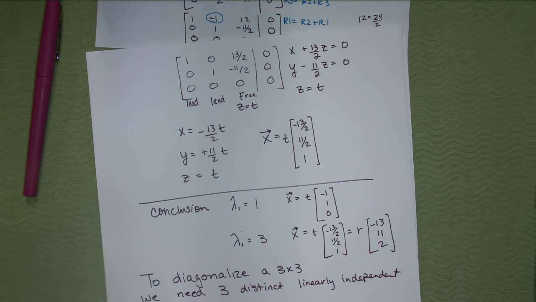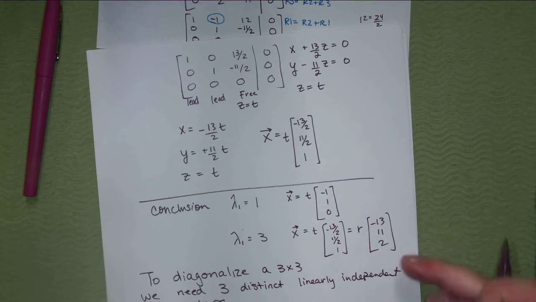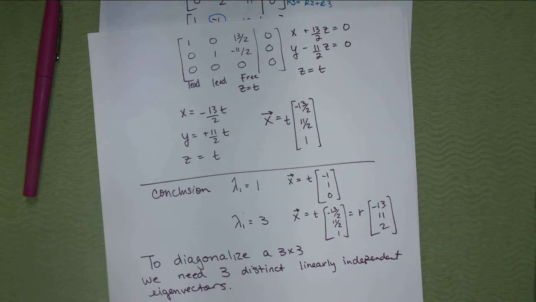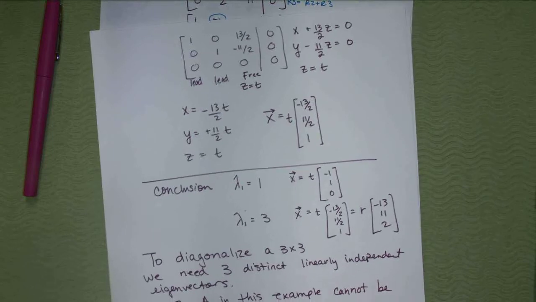Do we have that? No, we only have 2, because we found 1 here and 1 here. That's only 2. So A, in this example, cannot be diagonalized.